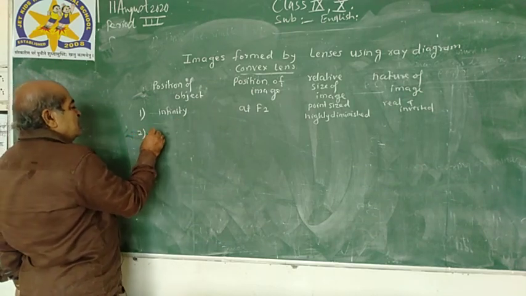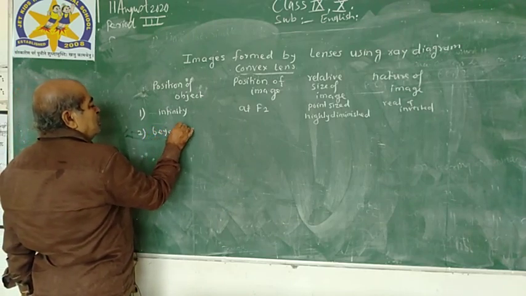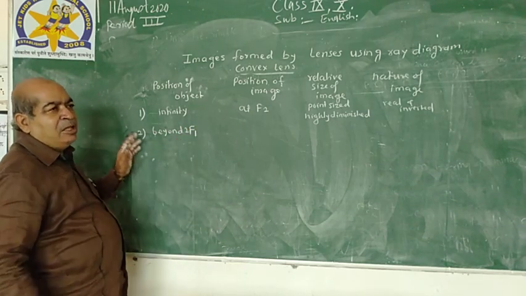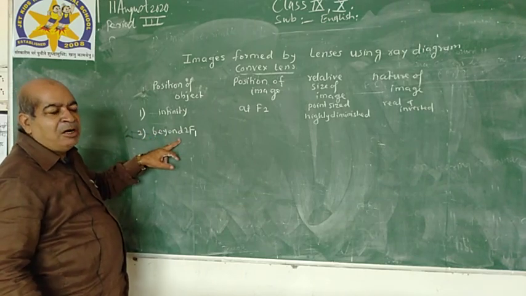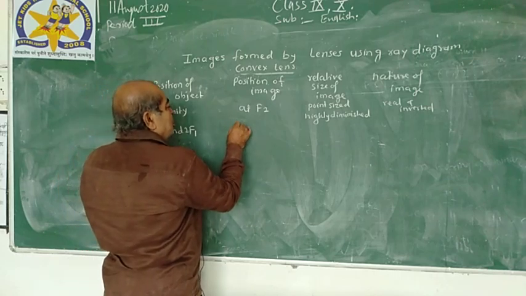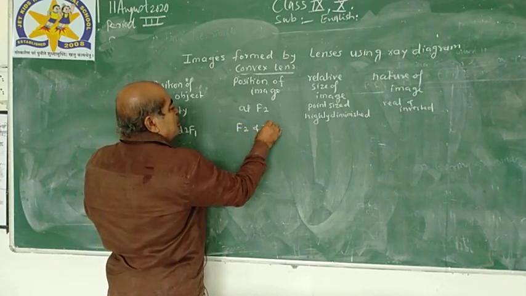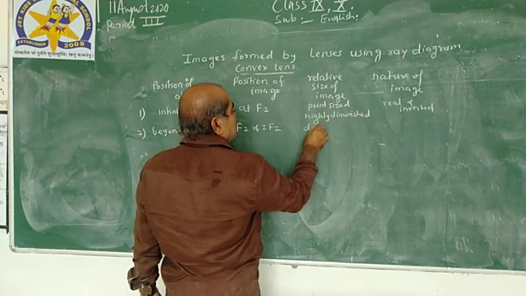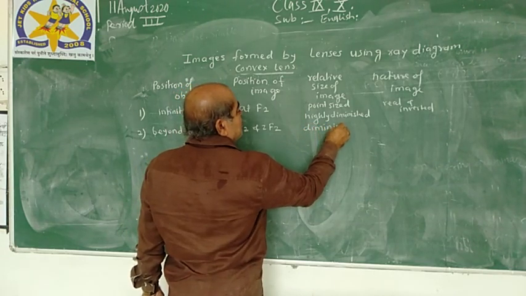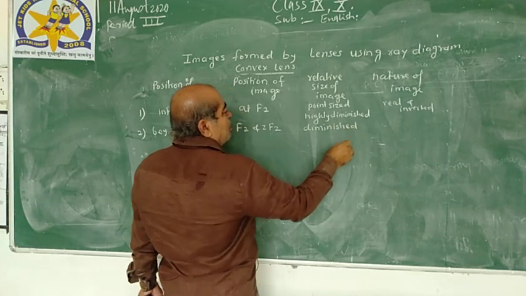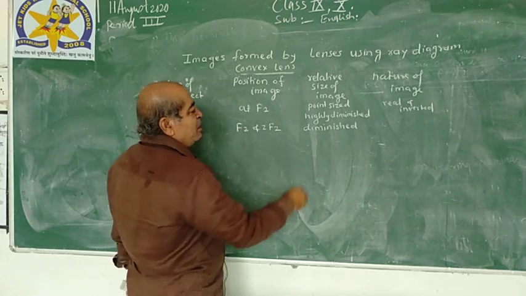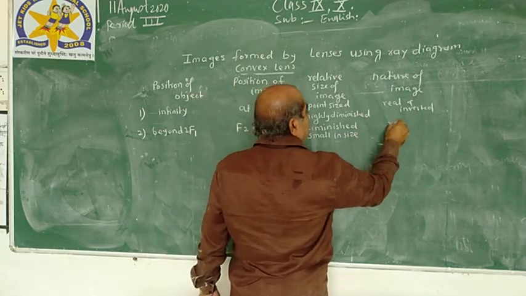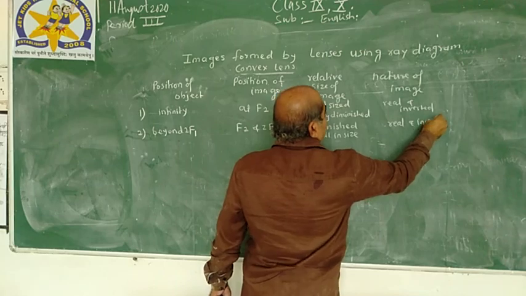Second, when the position of the object is beyond twice F1, then the position of the image is in between F2 and twice F2, the image is diminished, that is small in size, and again the image is real and inverted.